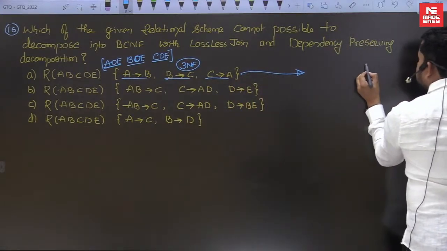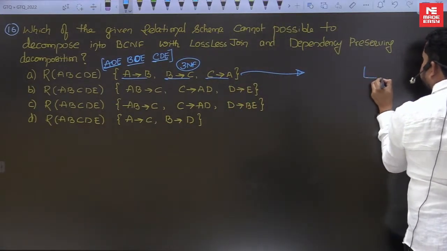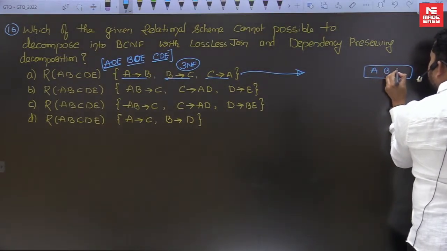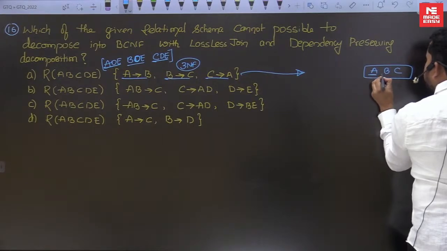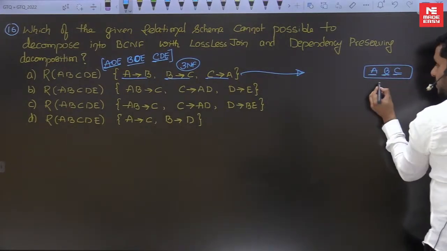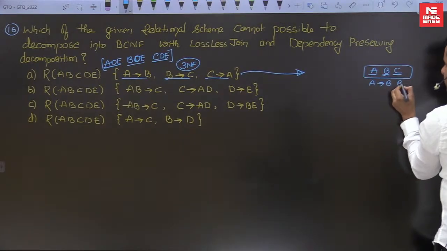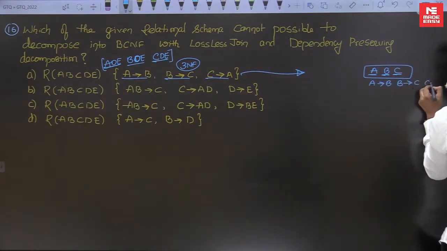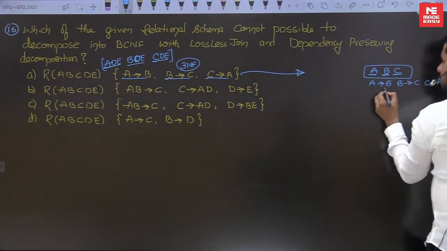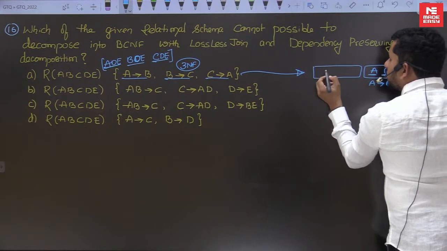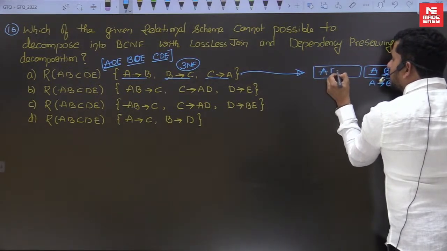Okay, but all the three FDs are over the ABC attributes. Okay, if ABC is in one table, then A, B, C all three become candidate keys. Okay, because A determines B and B determines C and C determines A, one of the common attributes can be considered as a key. You can take ADE or BDE or CDE.